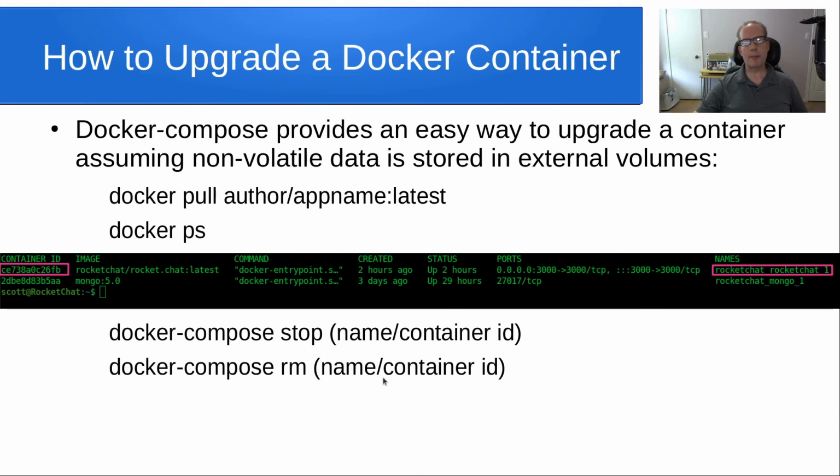No, again, remember that the data is defined in the docker compose in the volume commands. And then finally, we do a docker-compose space up -d to detach. And when it comes up, it will come up with the new container that we just pulled. So presumably we pulled rocketchat/rocket.chat:latest.